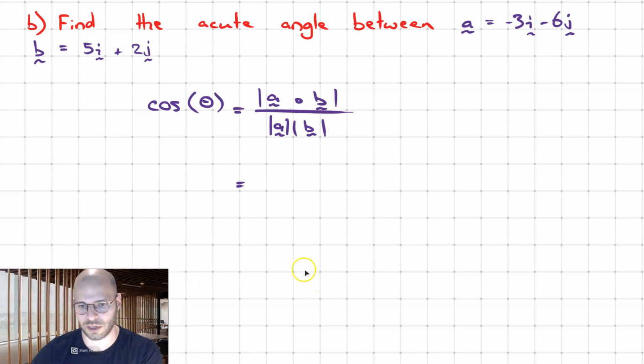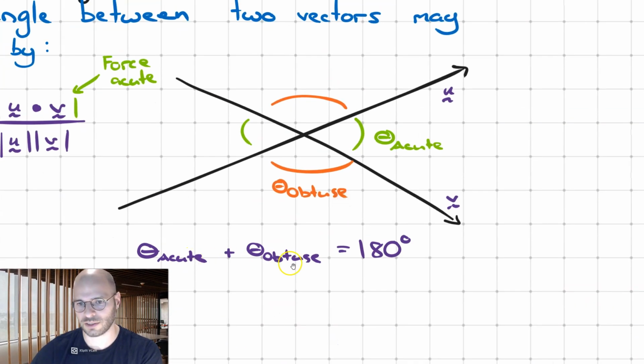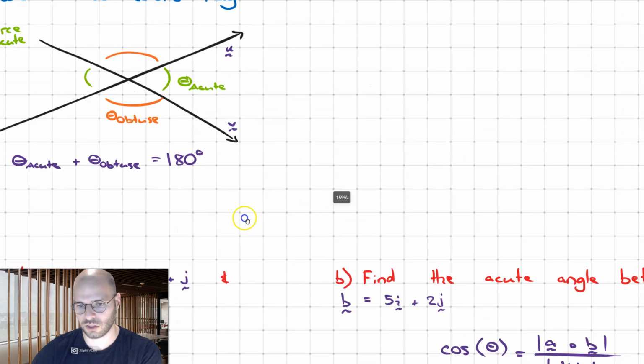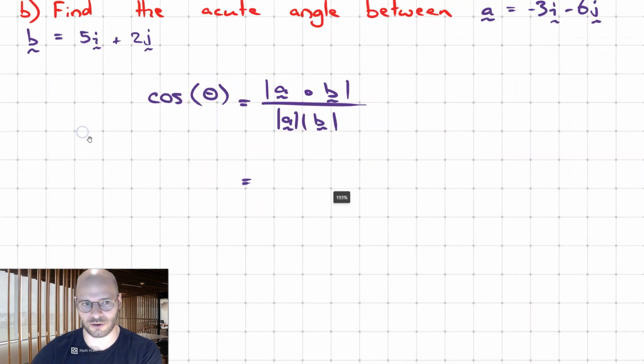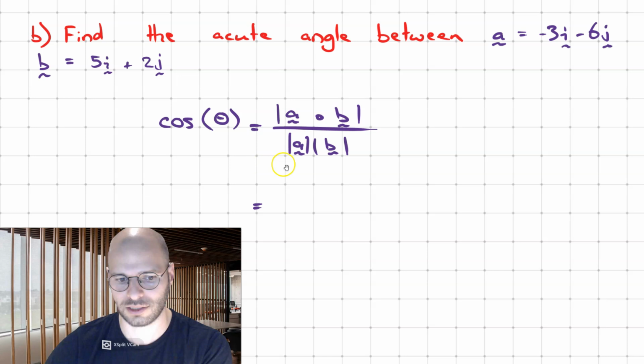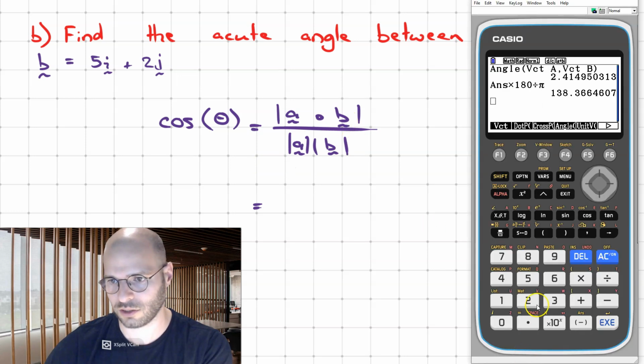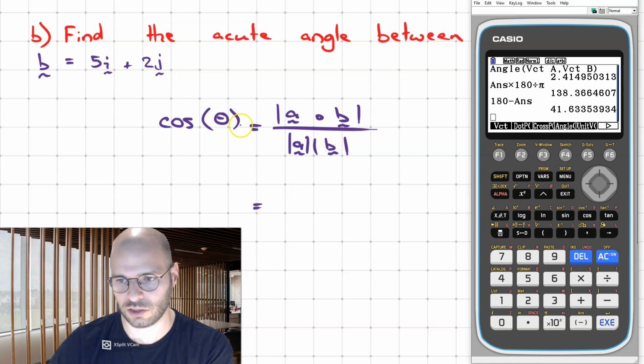And then remember, the acute and the obtuse angles are supplementary to one another. In other words, they sum to 180 degrees. So the way in which we can get around this and force this implementation here is we can go back to our calculator. We can go 180, subtract the answer, and out comes the acute angle.